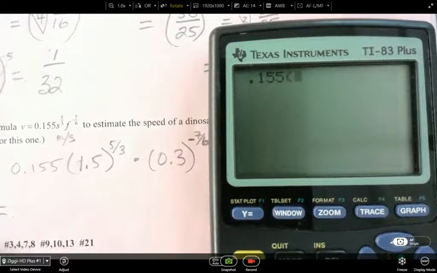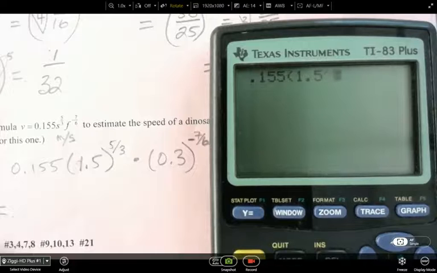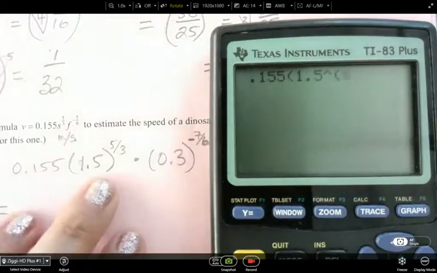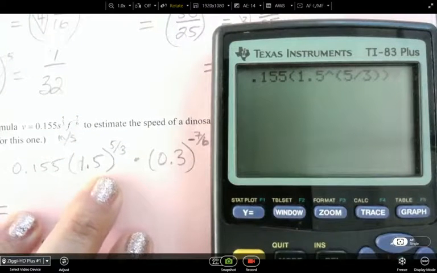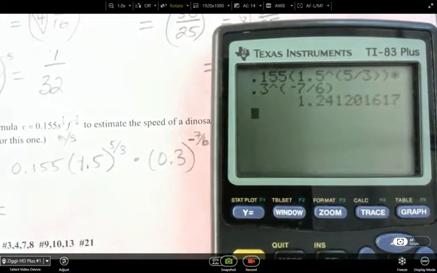All right, so using your calculator for this one, just make sure that you're typing things in okay. If you've got a fraction in the exponent, then you might have to put a set of brackets around it. So let's see if you can see what I have to type in. 0.155 times 1.5 to the power of, and I'm going to put a bracket around it, 5 over 3, close the brackets, times 0.3 to the power of, and I'm going to put a bracket around that, negative 7 over 6, close bracket, so that my exponent stays in the bracket.